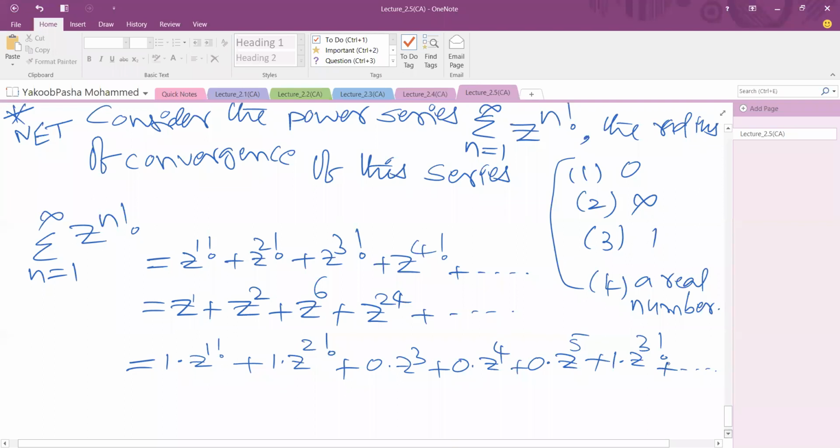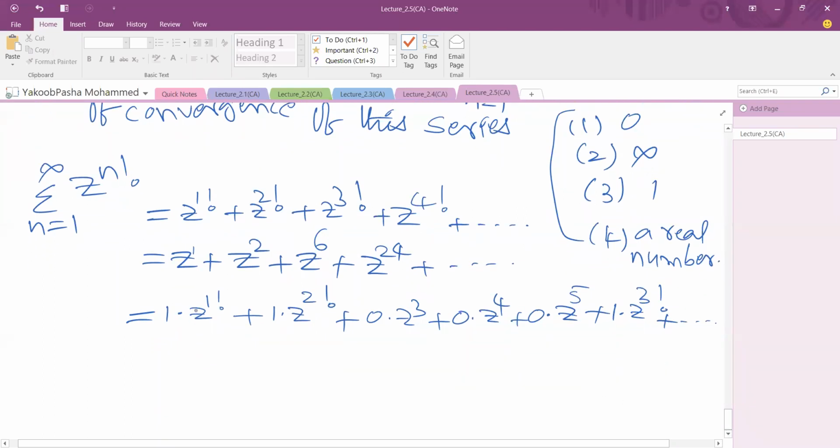Remaining terms right here. So we can observe here, where there is factorial in the power, the coefficient is 1. For 4 factorial, 24, the coefficient is also 1. There are two options, it is either 1 or in the remaining cases 0. So we can write a_n is equal to 1.